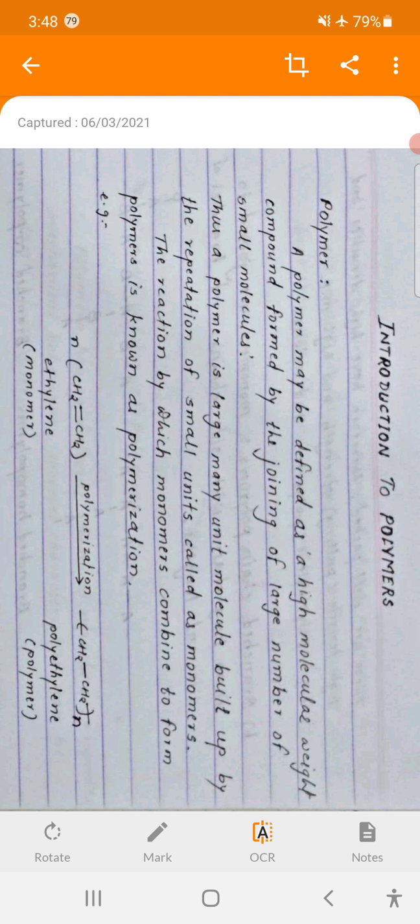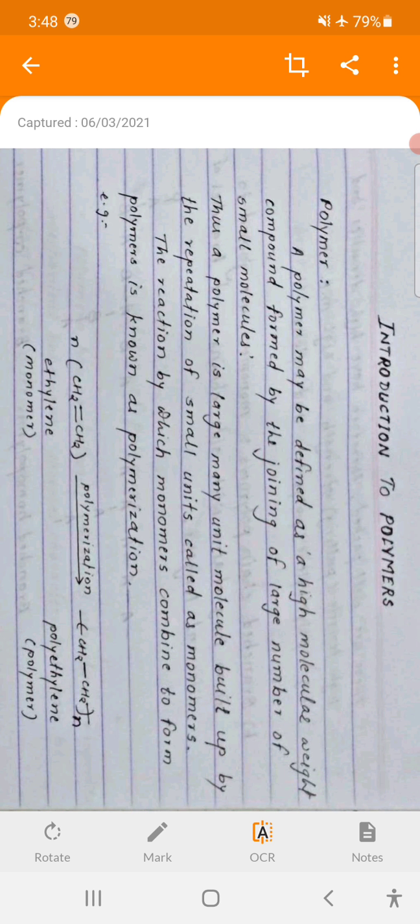Then polymer is defined as a high molecular weight compound formed by joining of a large number of small molecules.